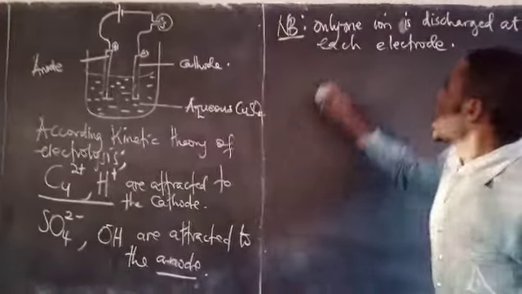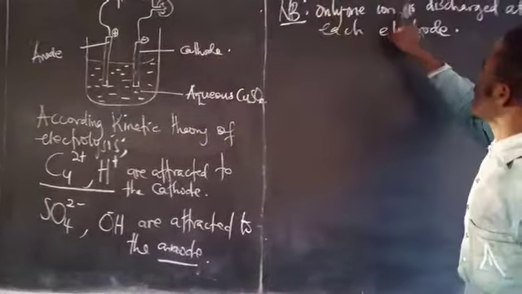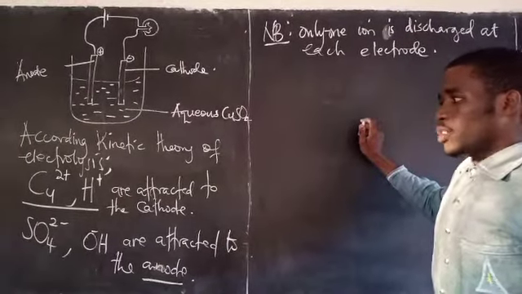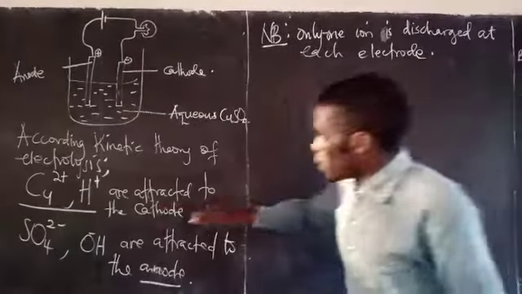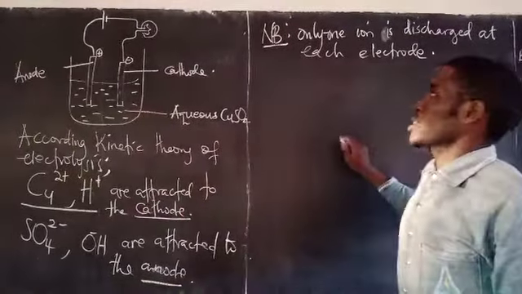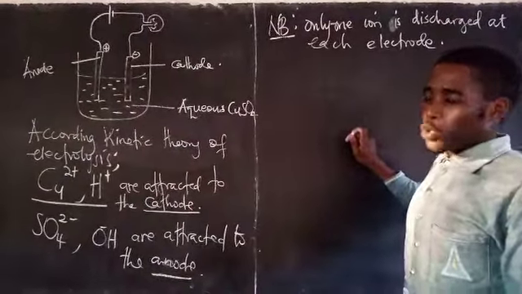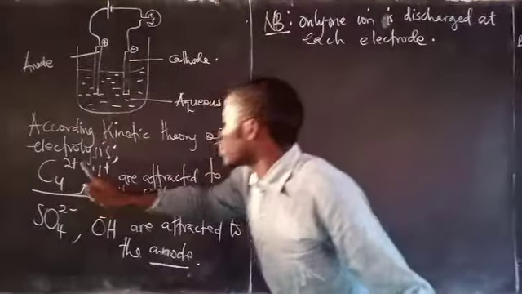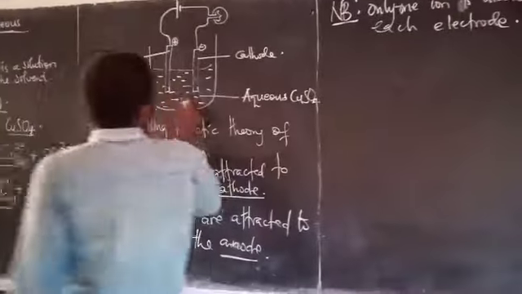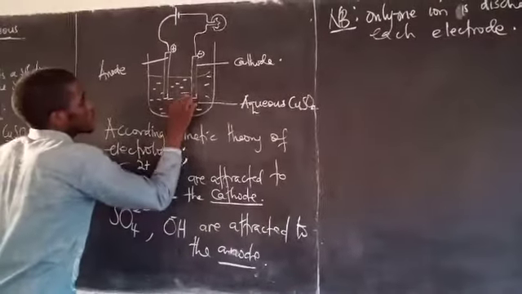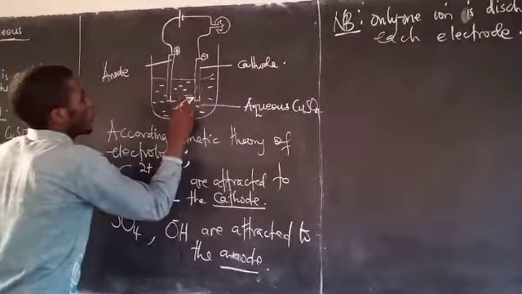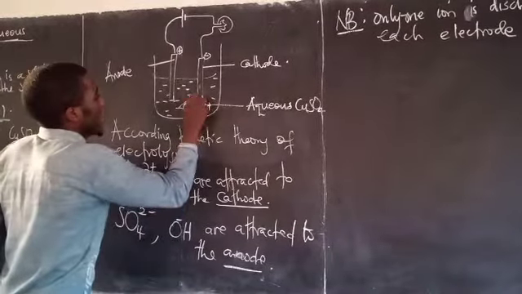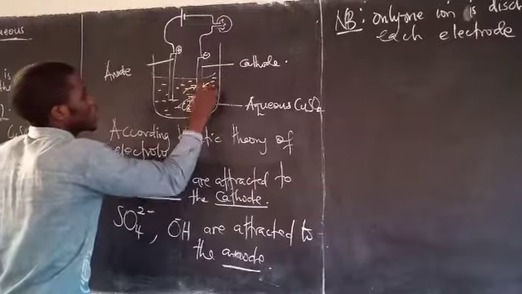This is very important. If only one ion is discharged on each of the electrodes, what will be discharged at the cathode? Surely, when we have copper and hydrogen, both of them come to this electrode.